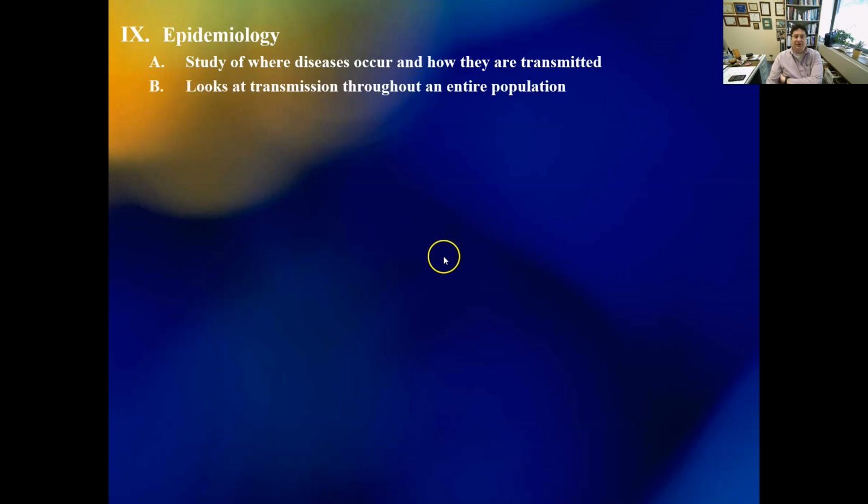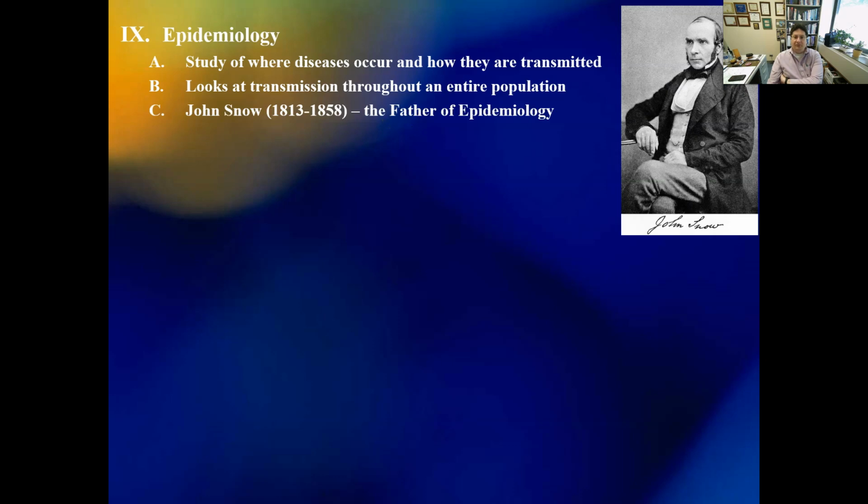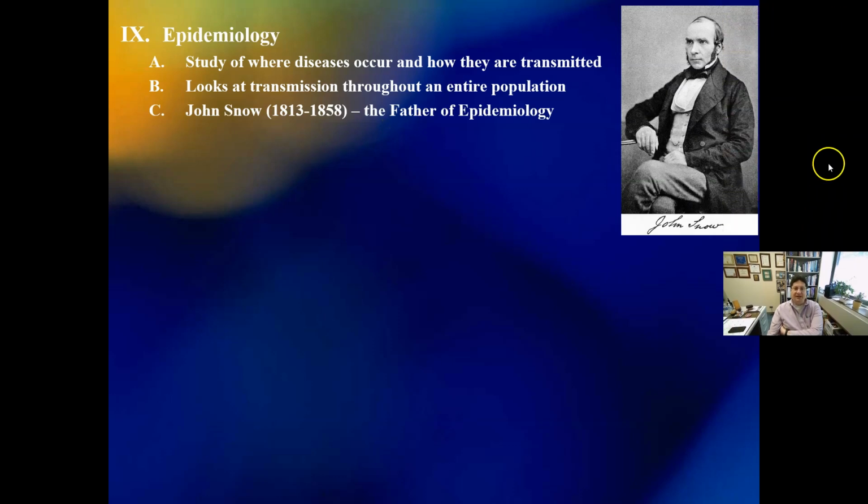And epidemiologists look at transmission not just from one person to another, but through an entire population. A little history: John Snow, pictured here, is considered the father of epidemiology because back in 1855, he was a British biologist, by the way.